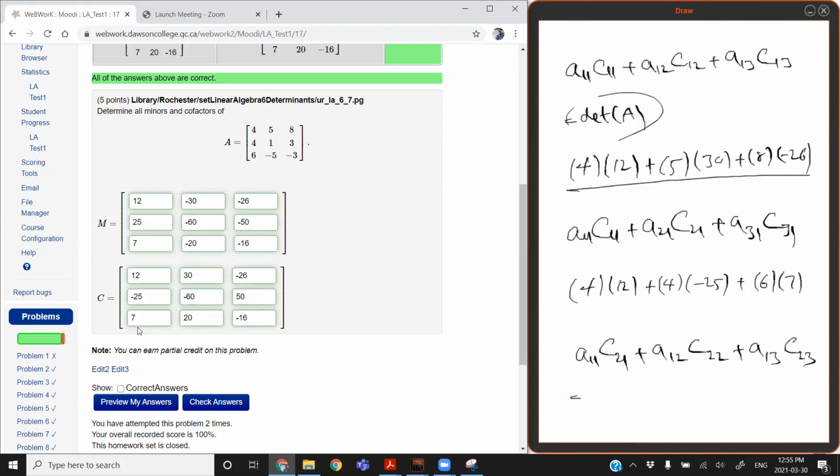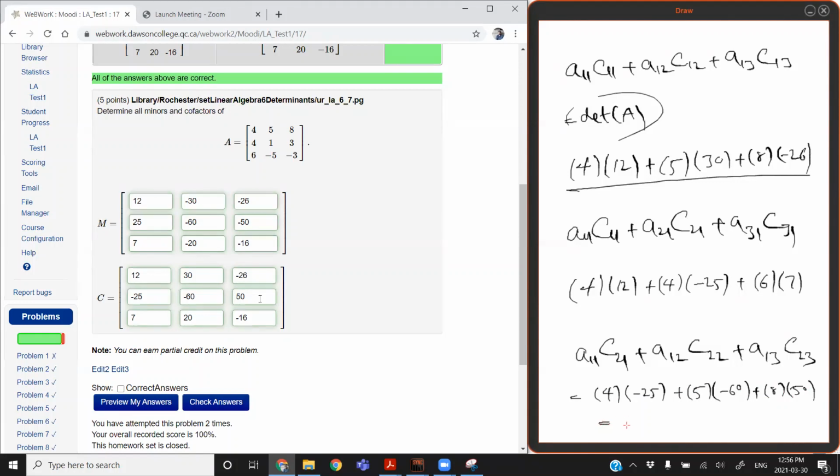So I'm taking entries from the first row, 4, 5, 8, and multiplying them by the cofactors from the second row, negative 25, negative 60, 50. Let's see what happens. 4 times negative 25 plus 5 times negative 60 plus 8 times 50.